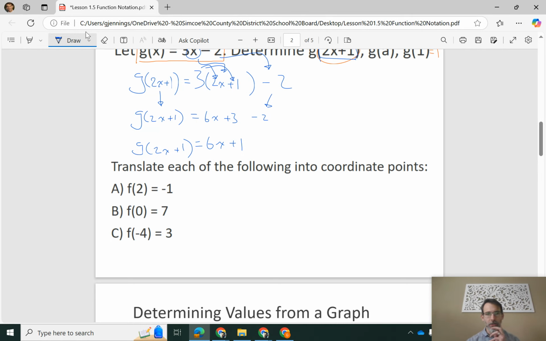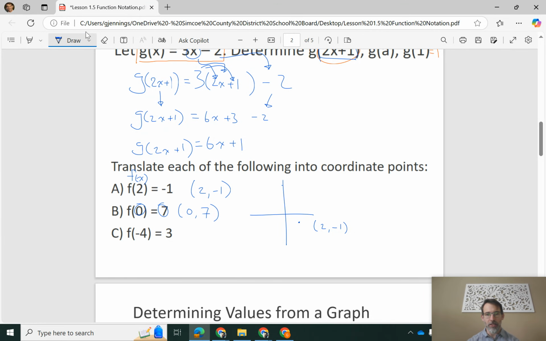Okay, we can also have a function like f of x and give you points this way, where we would say f at 2 is minus 1. So that would be the point 2, minus 1: 2 is the input, minus 1 is the output, and it would be down here. Or if we have f at 0 is 7, this is the input, this is the output.